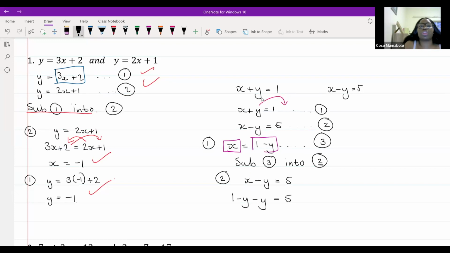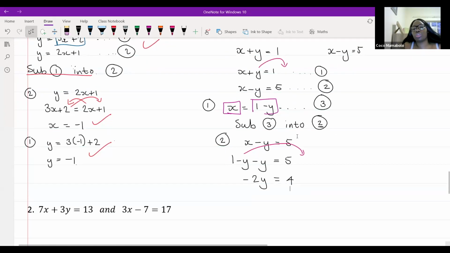All right, and then I'm just going to take the 1 over to the other side. Negative y minus y will give me negative 2y is equal to 5 minus 1, which is 4. And then we're just going to divide by negative 2 everywhere. Therefore, y is equal to negative 2.